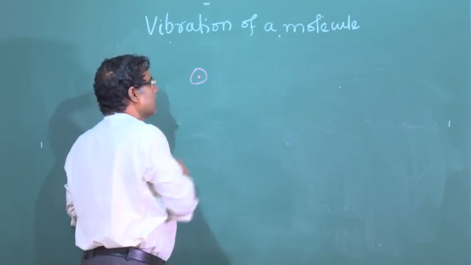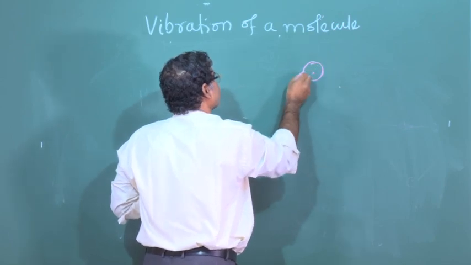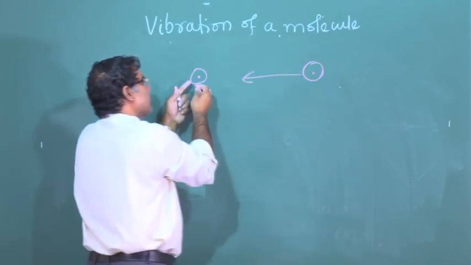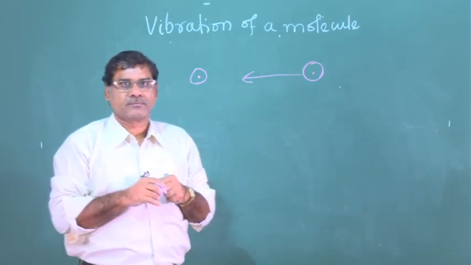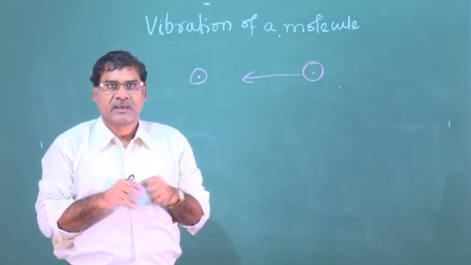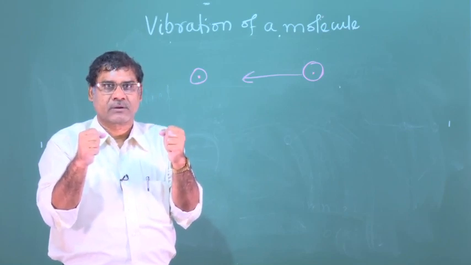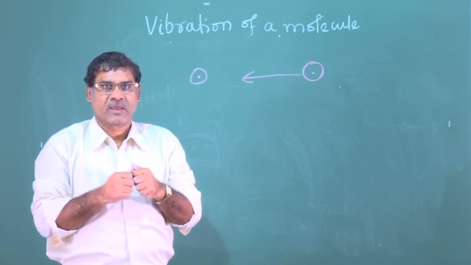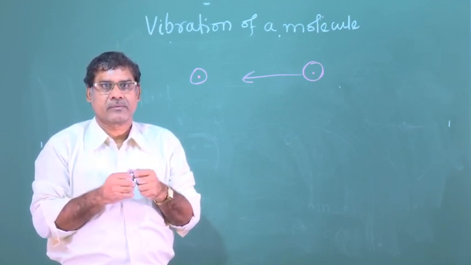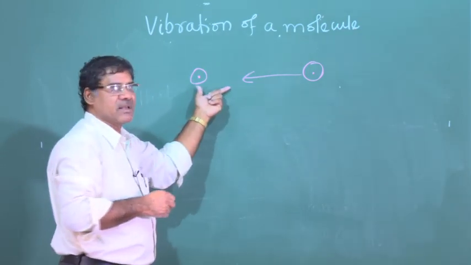Now, if you bring another atom towards this atom, they form a molecule, keeping these two atoms at an equilibrium distance, and that distance is called bond length. Okay.